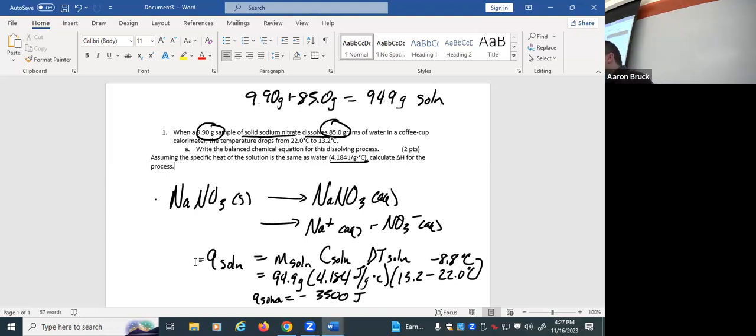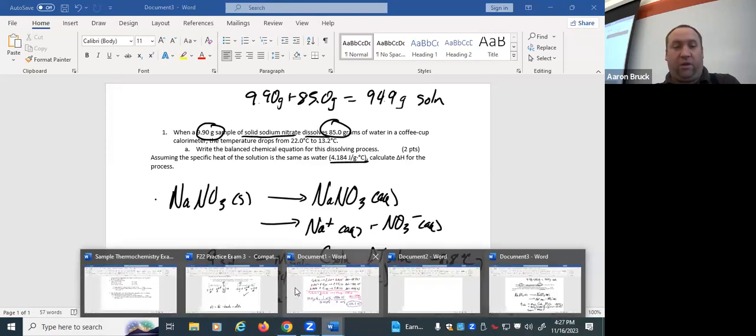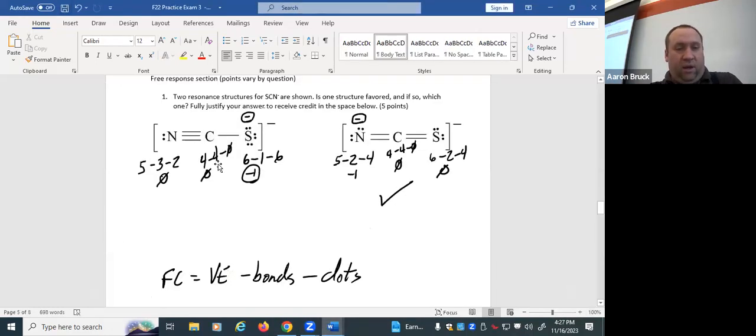So we tend not to see pi bonding except when we have a double bond or a triple bond. And so that comes directly out of the analysis of the Lewis structures that you are drawing or that you're evaluating. So just coming back to this example, in both of these structures, we ended up having 2 sigma bonds and 2 pi bonds.